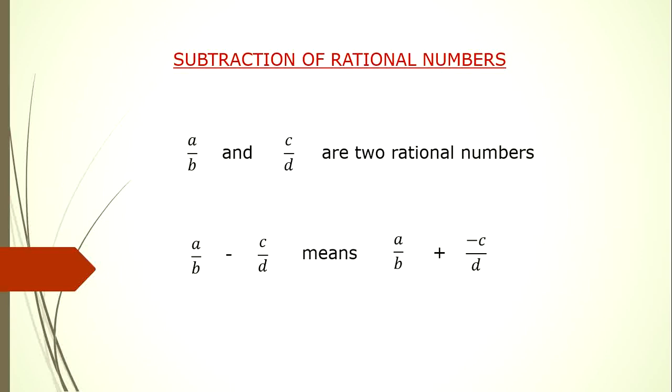Here the second rational number is c by d and its additive inverse is minus c by d. In the previous sessions, we have learned about the additive inverse. Yes, so the subtraction of two rational numbers is nothing but the addition of the additive inverse of the second rational number.